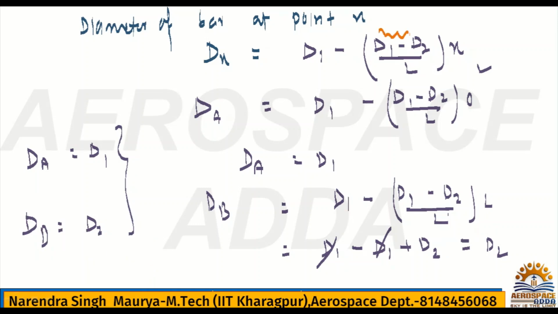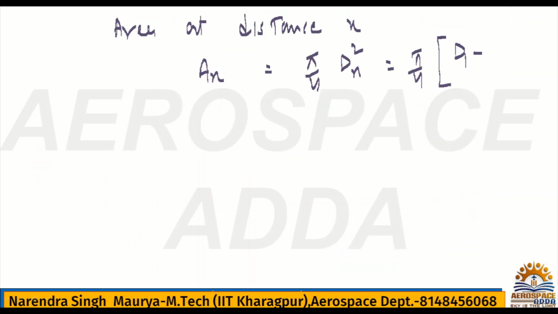Because d1 is constant, d2 is constant, L is constant, you can take C for constant. So now you can write d1 minus Cx. Remember the value of C. This is square now.